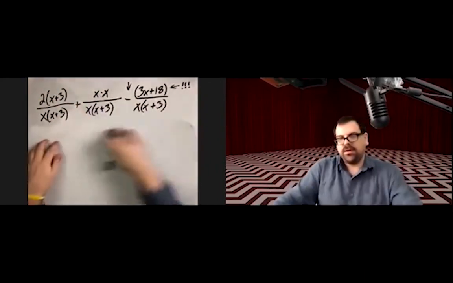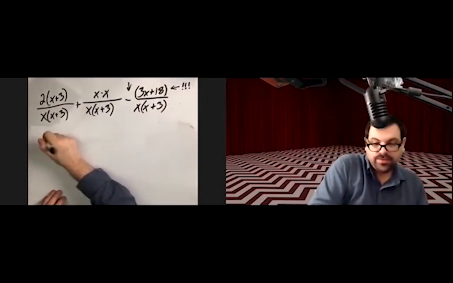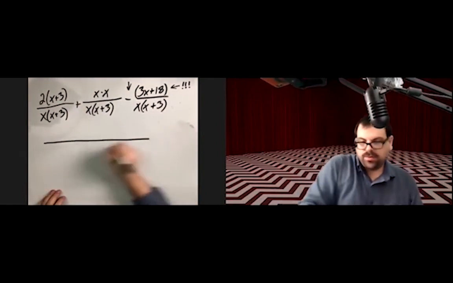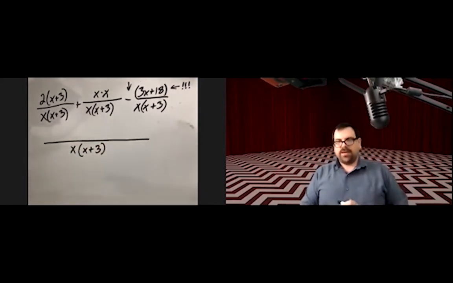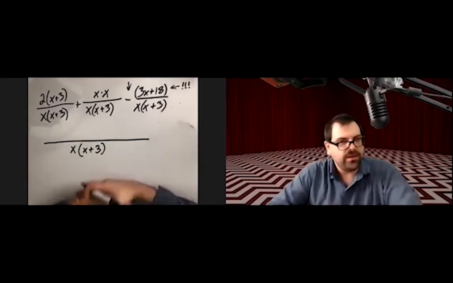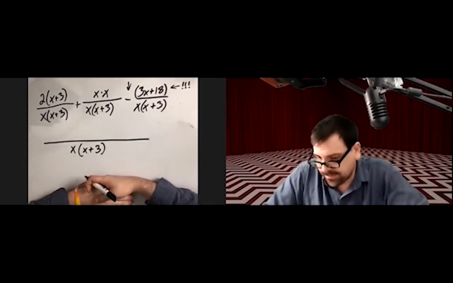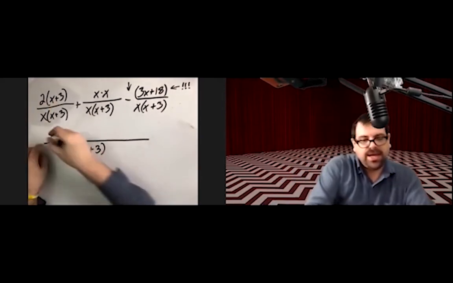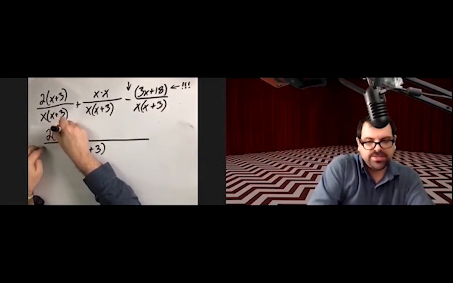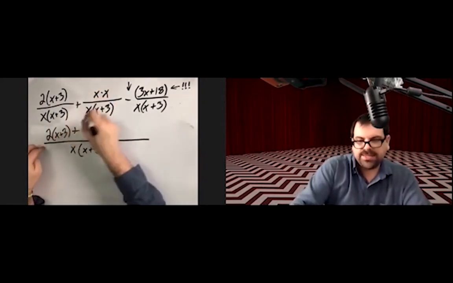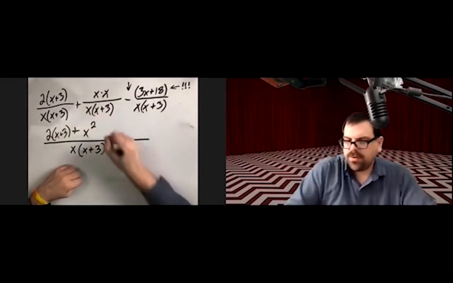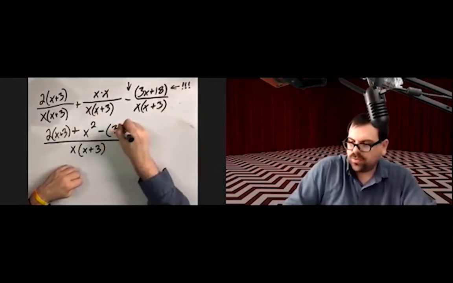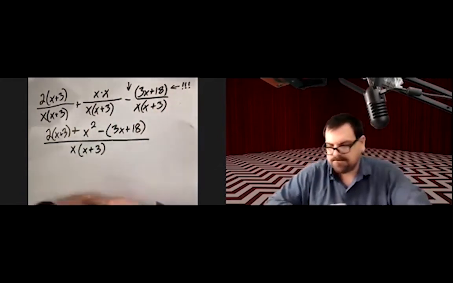Okay, continuing. We have x times x plus 3 on the bottom. In all 3, that is our common denominator. That will be the denominator of our answer. Up top, we have 2 times x plus 3 plus x times x, which is x squared, minus this whole 3x plus 18.